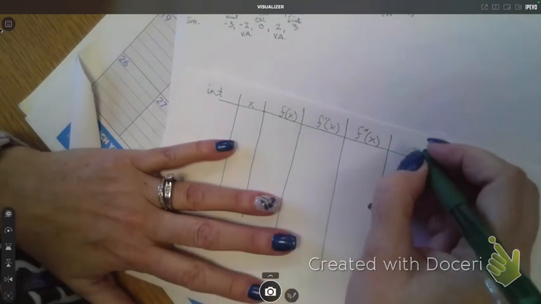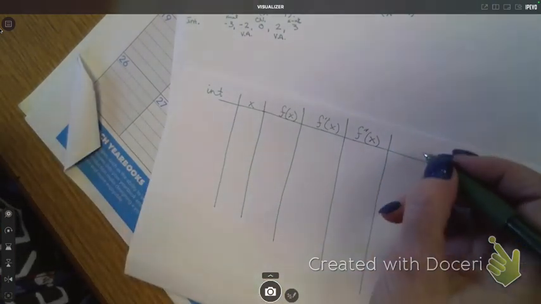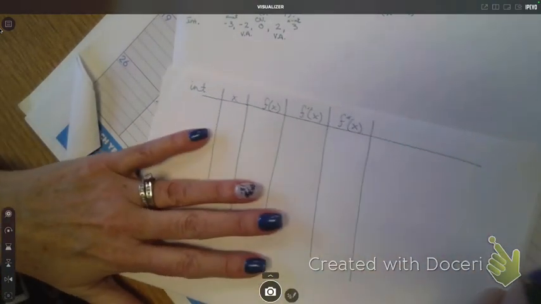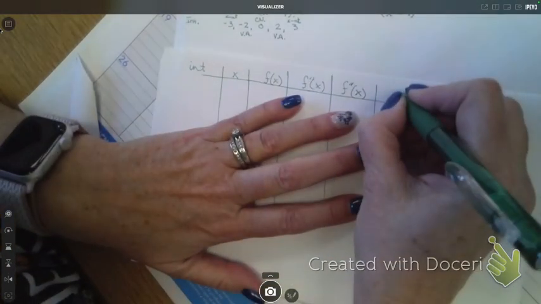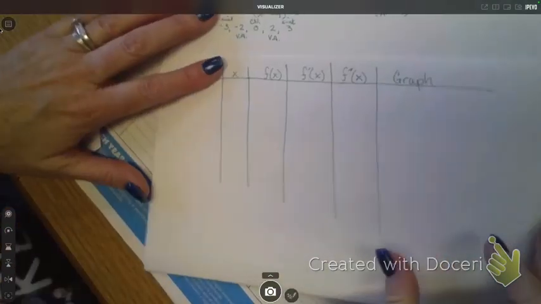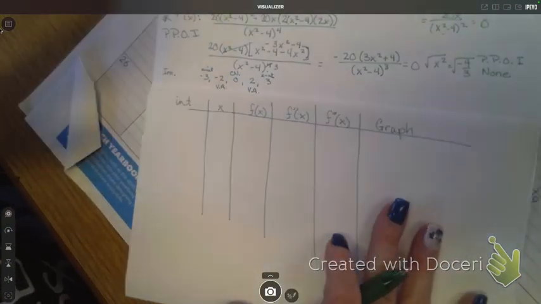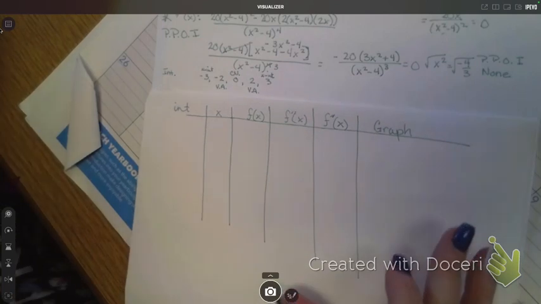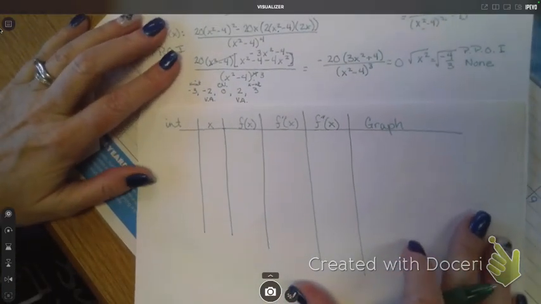And your decision, your conclusion, characteristics on the graph, what do you want to call it? Graph? Yep. Okay. But is that the same thing as conclusion? Yep. Okay. So we went through my graph.